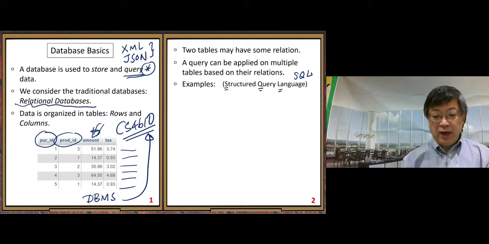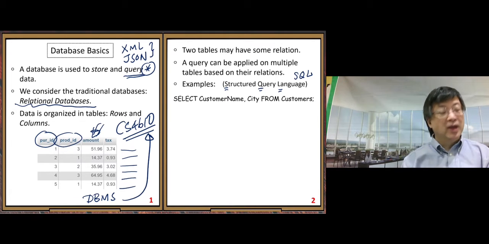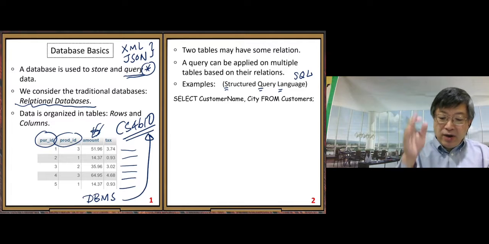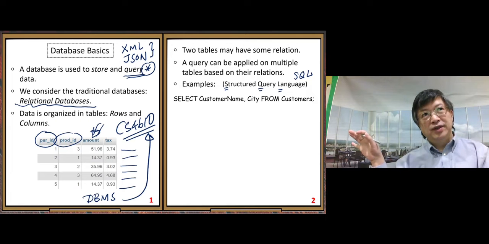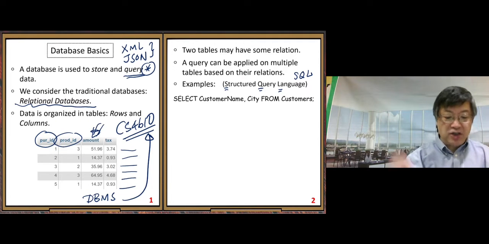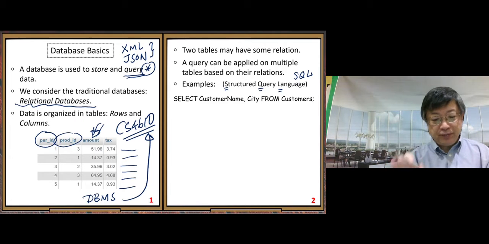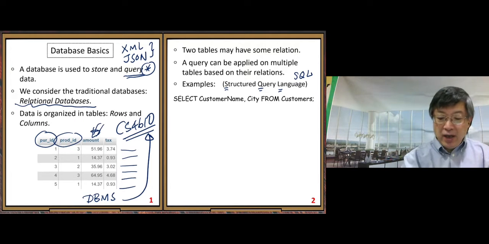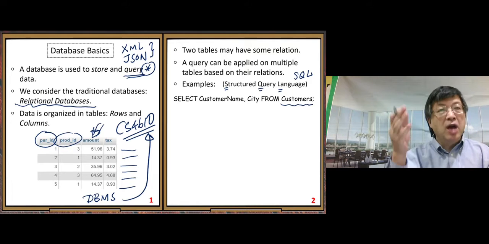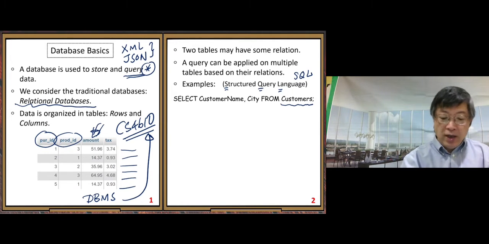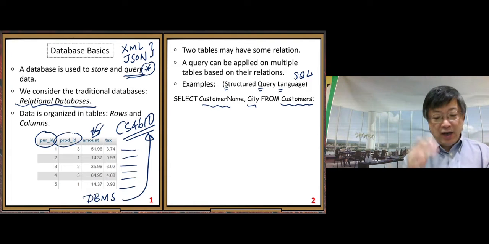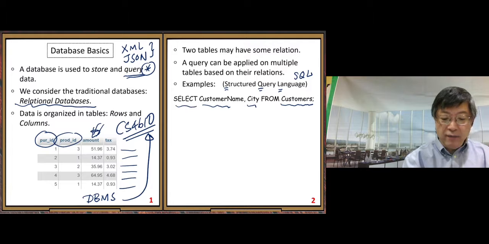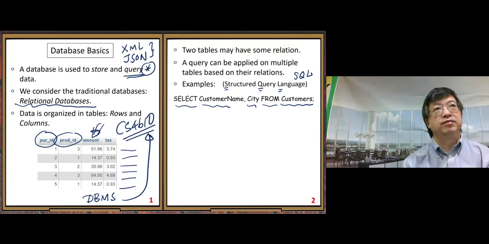Here, the first example: SELECT CustomerName, City FROM Customers. We call it a select statement. From this statement, you can guess the meaning. Customers is the table name, and the 2 table fields, the columns, are what we want to select. SELECT and FROM are SQL keywords.